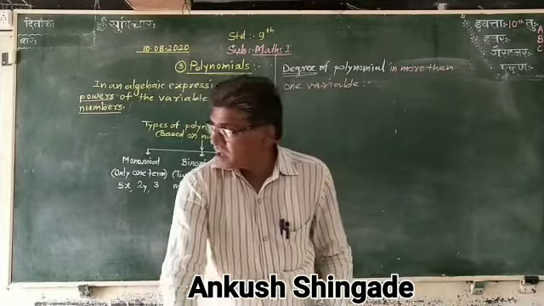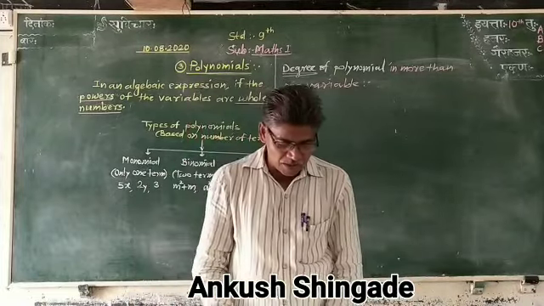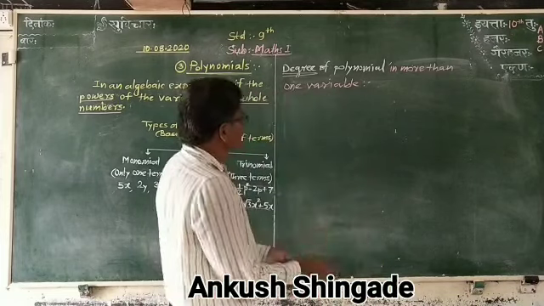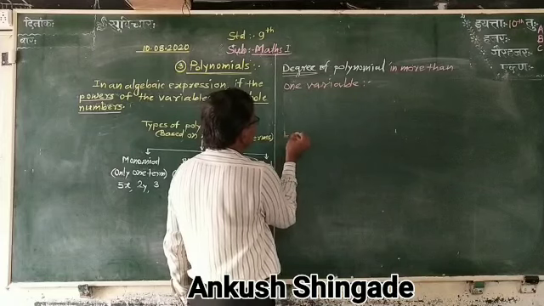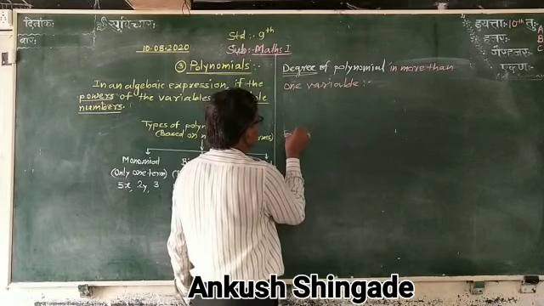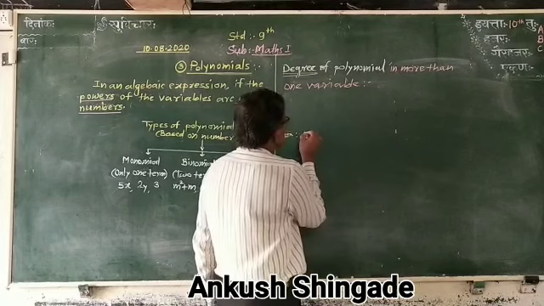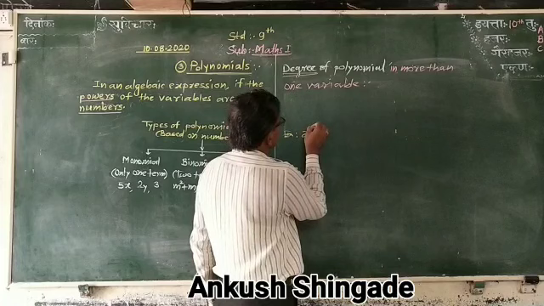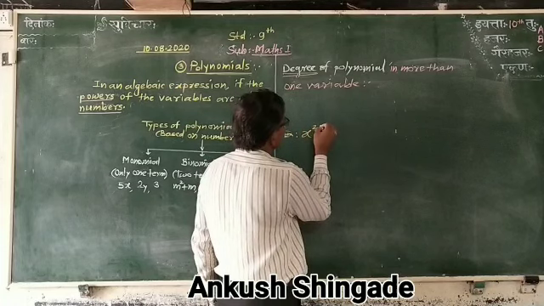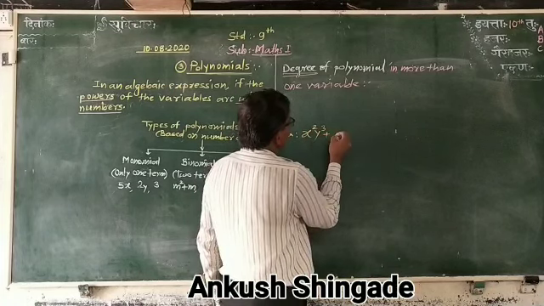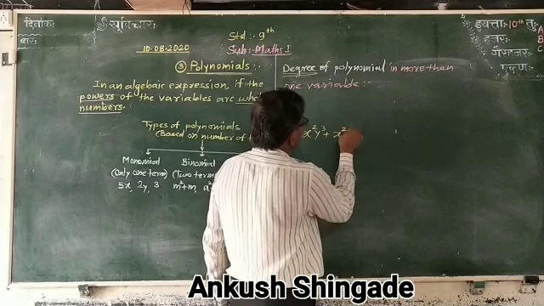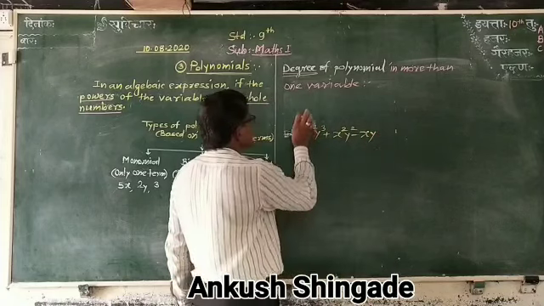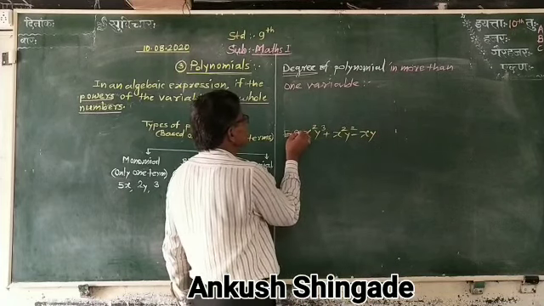For example, study first the example of the polynomial. Here the example of polynomial is given: x squared y cubed plus x squared y squared minus xy. This is the first example.